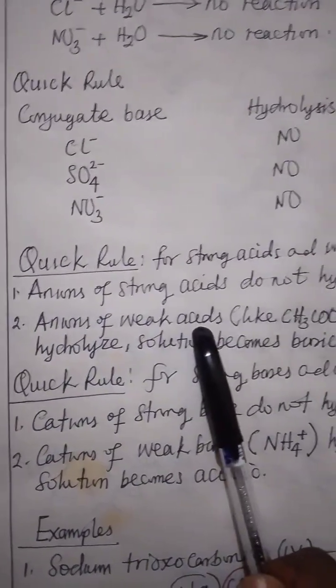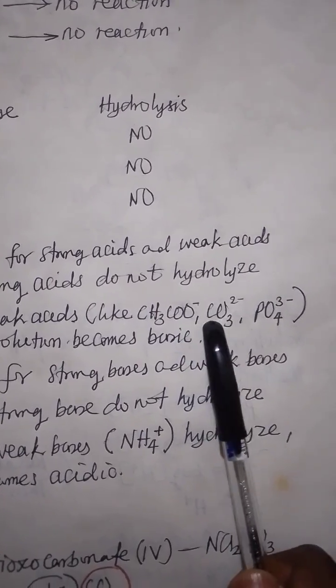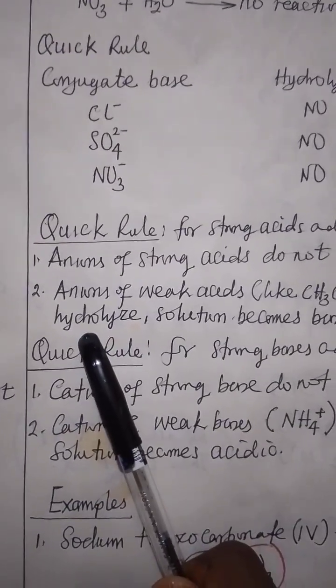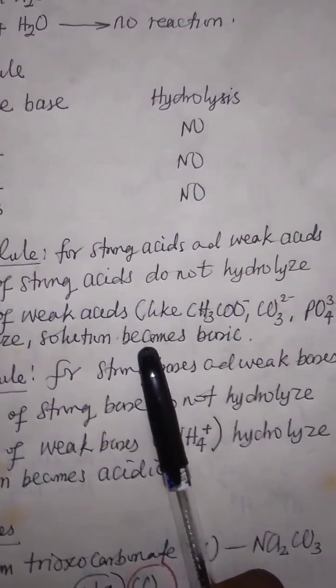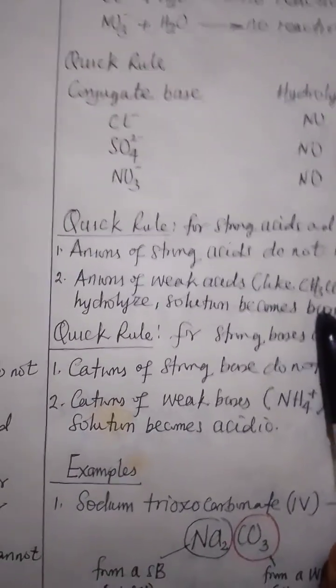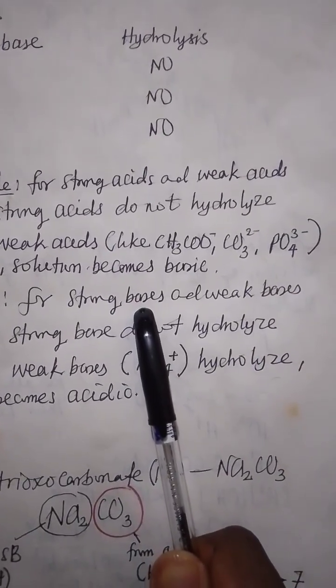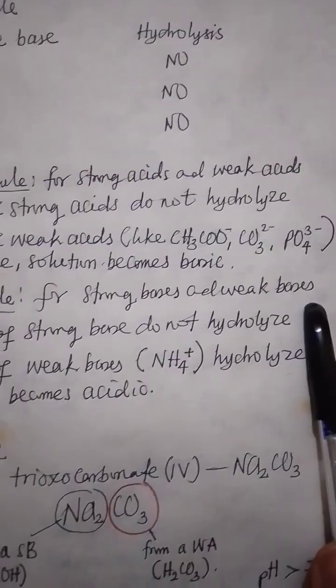Anions of weak acids like ethanoate ion, trioxocarbonate 4 ion, tetraoxophosphate 5 ion hydrolyze, and when they do so, solution becomes acidic. Quick rule for strong bases and weak bases.